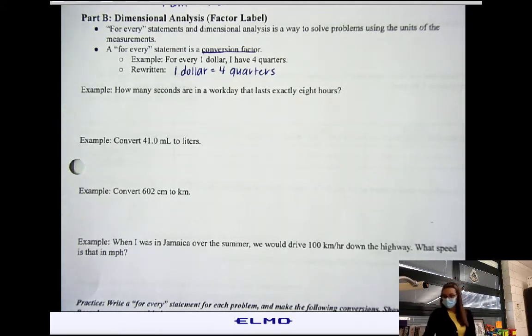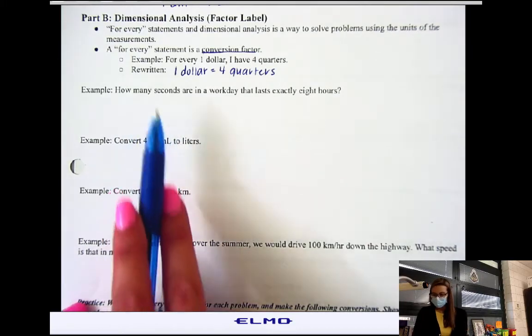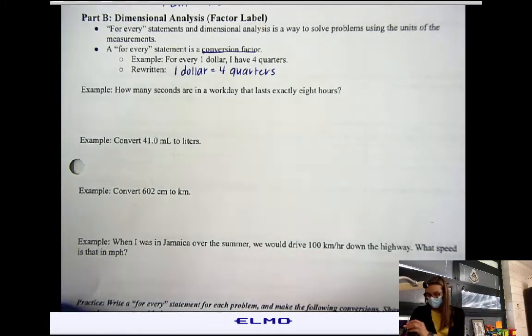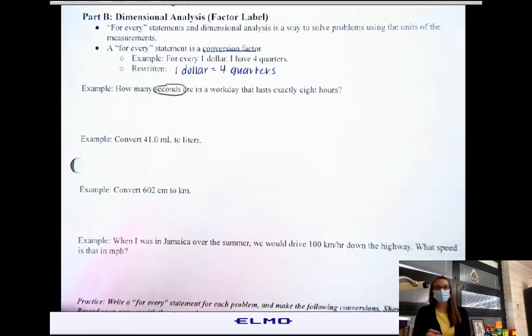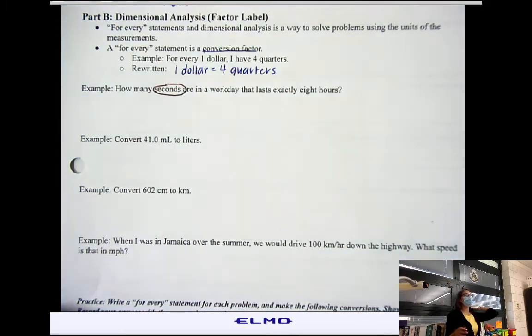And so for this example, if we take a look at this first example, this says how many seconds are in a workday that lasts exactly 8 hours. So as we go through questions like this, here's what I like to do. I like to circle what I'm trying to find. The question is asking how many seconds, so my answer should be in seconds.